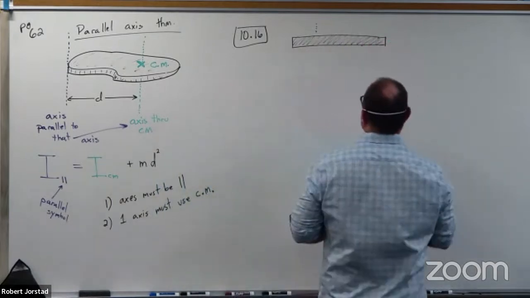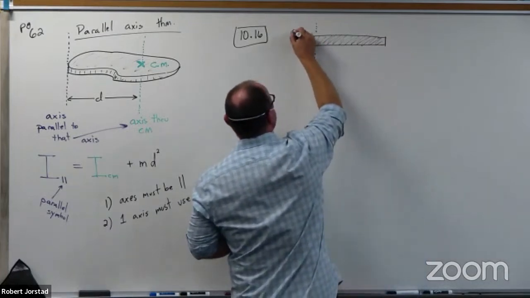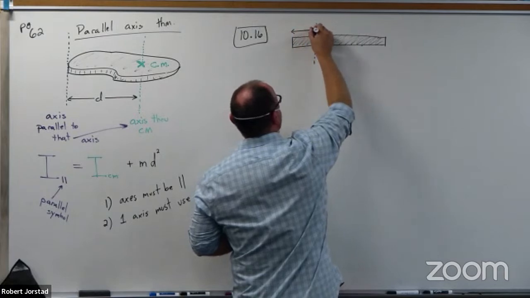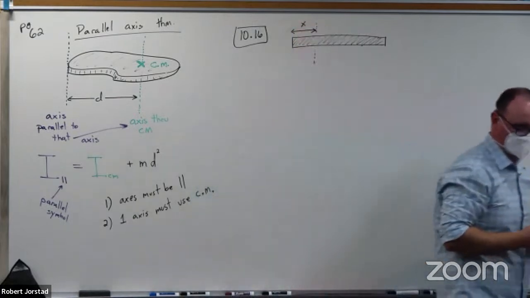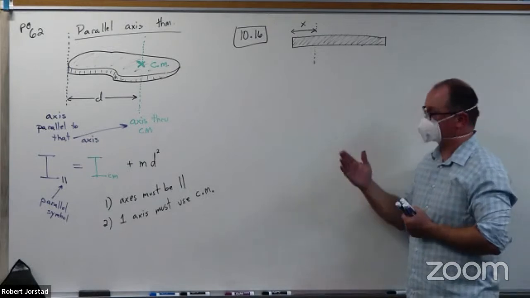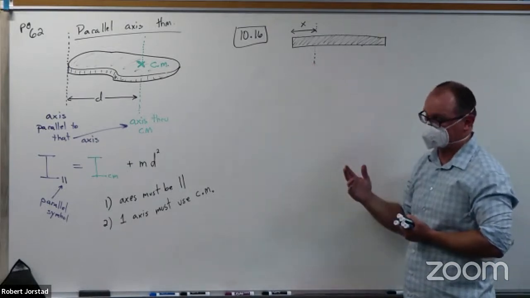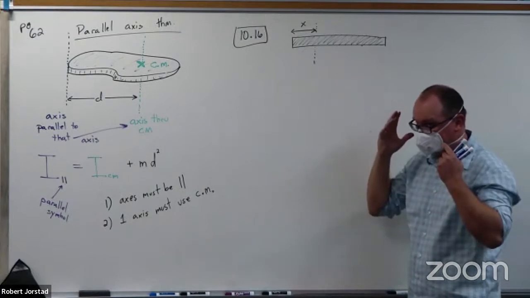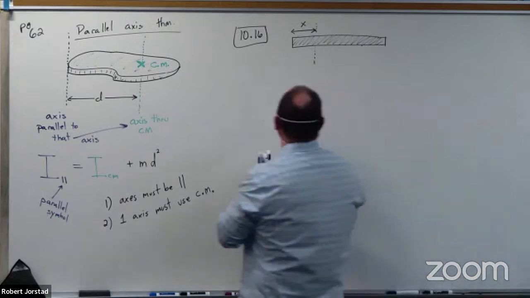So in this case, what if our axis is distance x from the left end? And you remember Alan was mentioning the most common object that we use in these classes is a rod, and what we do is we just pick different spots for the rotation axis. So you've got to do this problem well, okay? The total length of this thing was L.